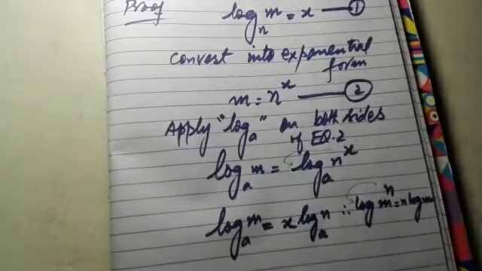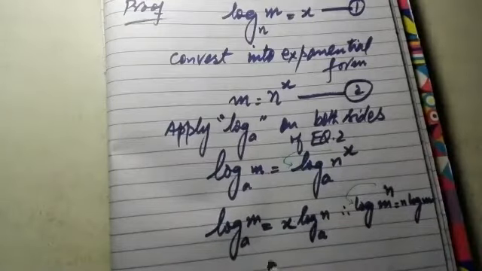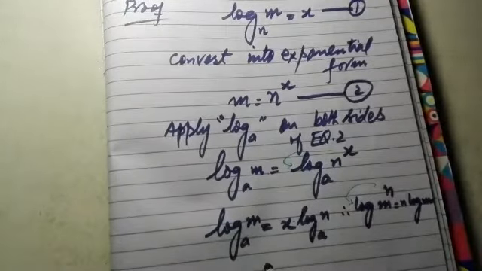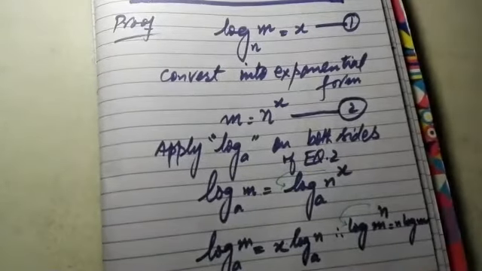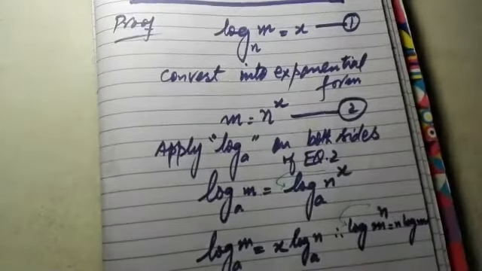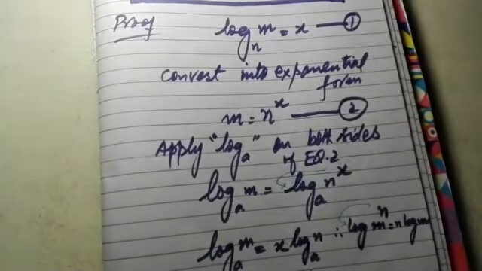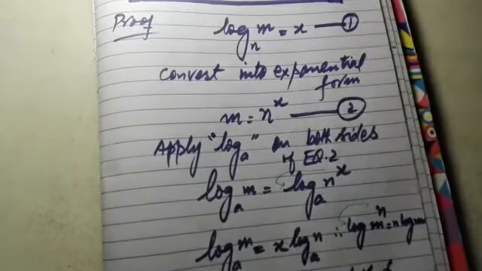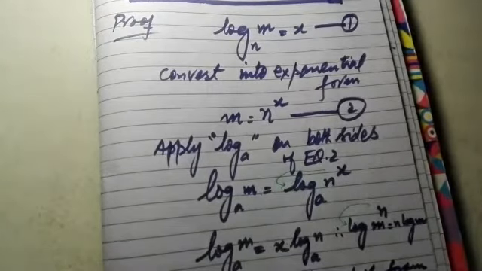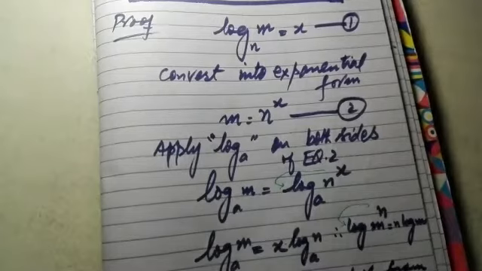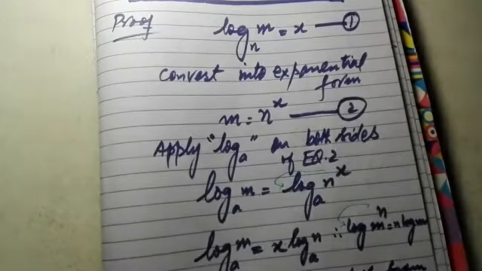Now we simply have to back substitute the value from equation number 1. You can see at the top of the page, that is equation number 1, putting the value of x from equation 1. Once we put it, it will almost verify the theorem.